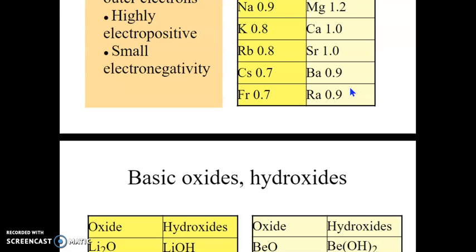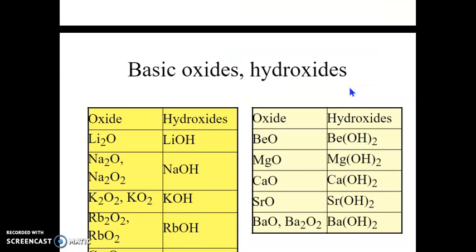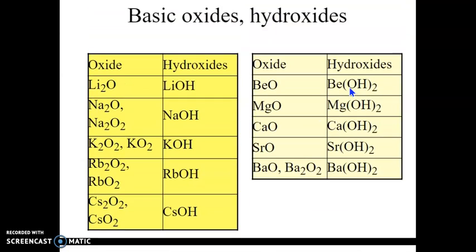Now the next is basic oxide or hydroxide. Here lithium oxide, sodium dioxide, potassium oxide, cesium oxide, and these are the hydroxides: lithium hydroxide, sodium hydroxide, potassium hydroxide, rubidium hydroxide, cesium hydroxide.